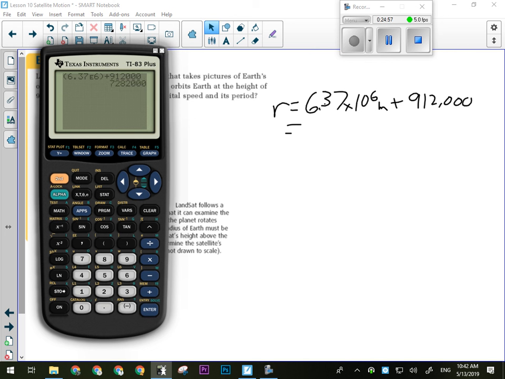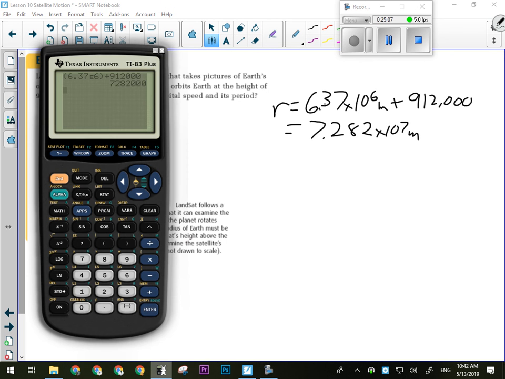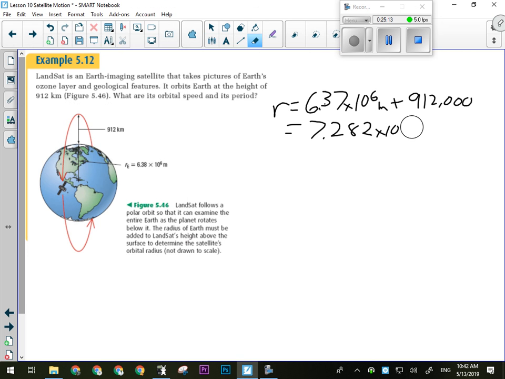All right, so there's my proper radius, 7.282 times 10 to the 6. Sorry, I said 10 to the 7 at first, but it's 10 to the 6. So there's my proper orbital radius.